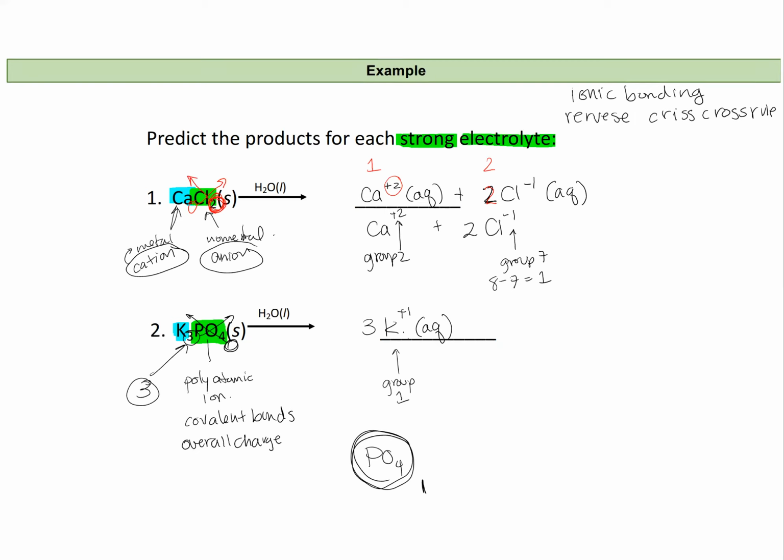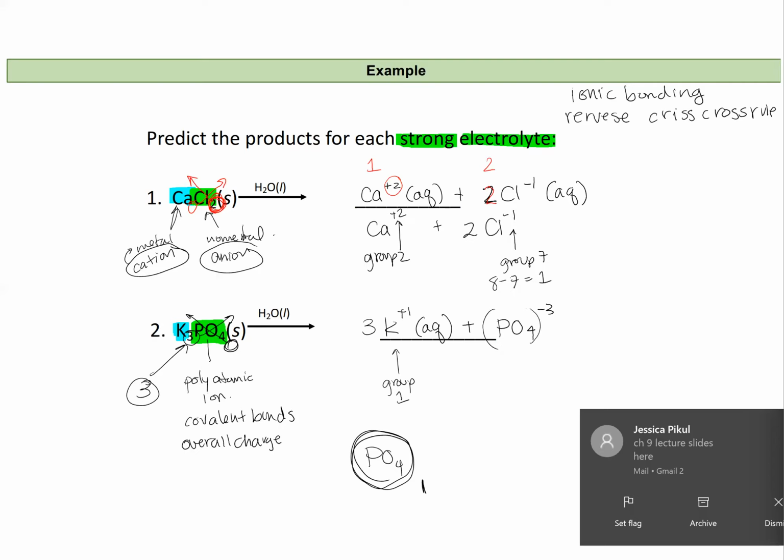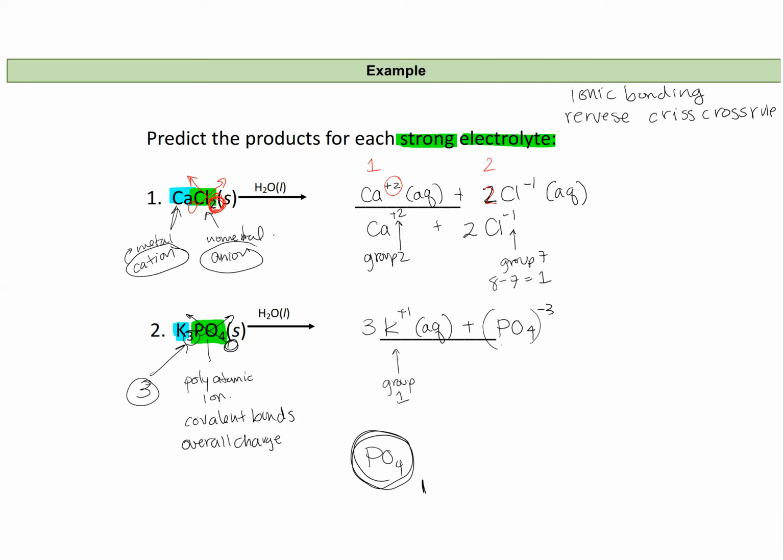It's important to not put that subscript after the potassium on the product side, because each of these has been separated now that it's not in the solid state. And then I'll have my polyatomic ion phosphate, and it'll have an overall charge of -3. And that -3 applies to this whole phosphate. And it'll also be aqueous.